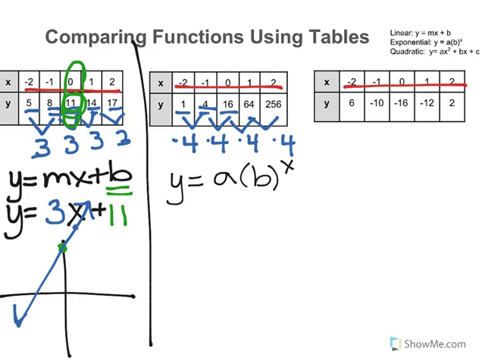B represents my multiply by 4, and a represents my initial value, or my y-intercept, and I know the y-intercept is where x is 0. So my function is y equals 16 times 4 to the power of x.